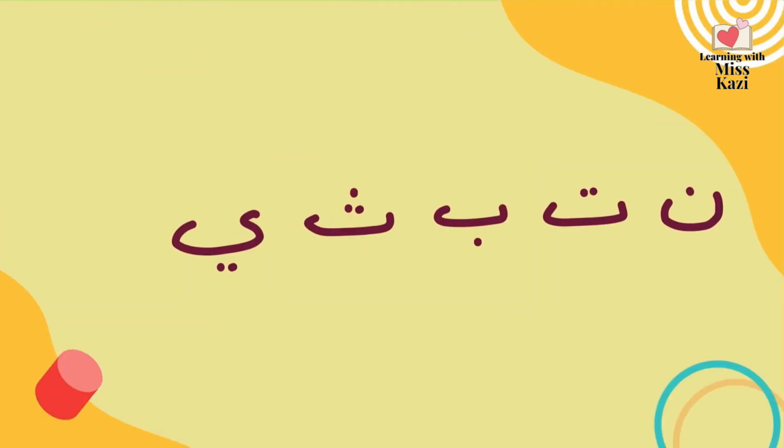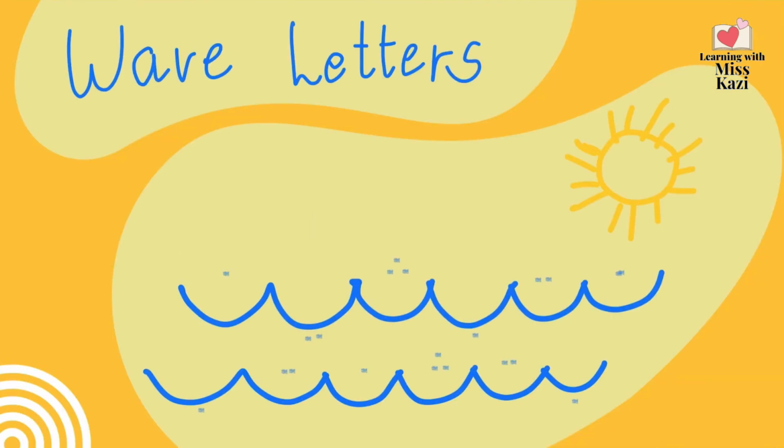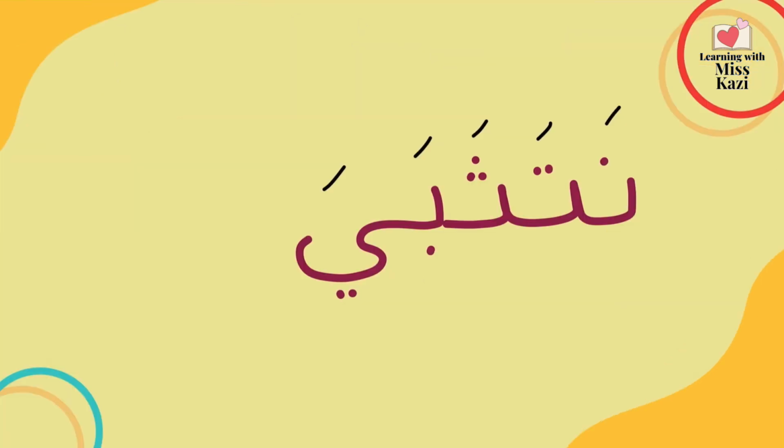Do you remember your wave letters? Noon, Ta, Ba, Tha, Ya. The wave letters look like the waves of the ocean. Na, Ta, Tha, Ba, Ya.